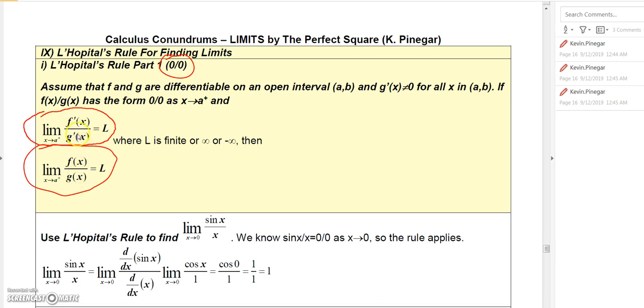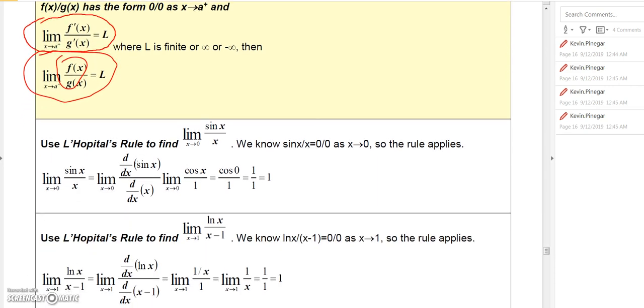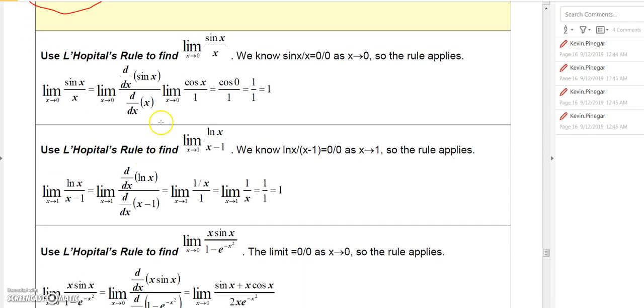Now make sure you understand what I'm saying here. I'm not saying take the derivative of this quotient. I'm saying take the derivative of the numerator and the derivative of the denominator, and write it as the derivative of the top over the derivative of the bottom, and then take the limit. It's best if I just show you a couple of examples. The first example is the limit of sine x over x.